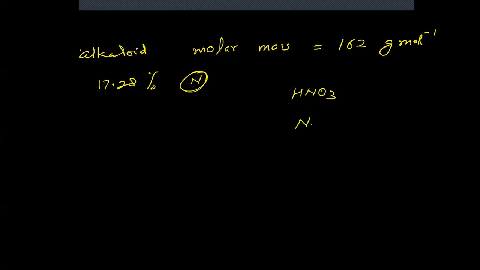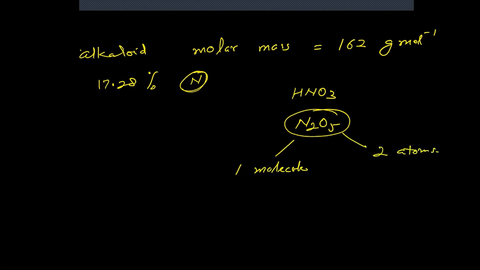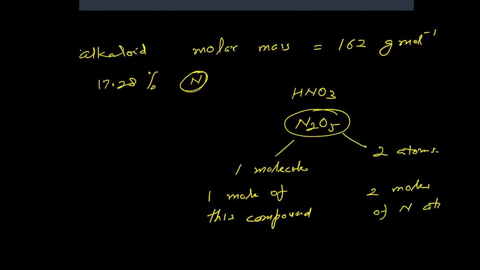Suppose N2O5: in 1 mole of N2O5, there will be 2 moles of nitrogen atoms, since one molecule has 2 atoms.